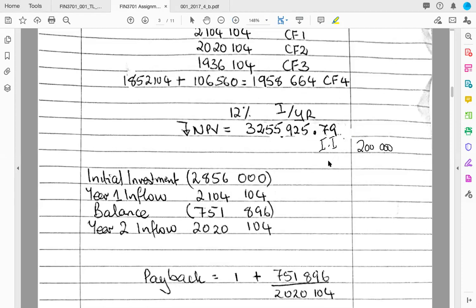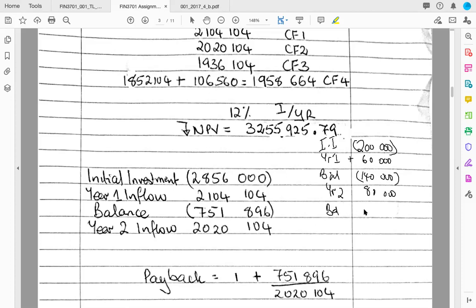And then I had said, imagine that in year 1 we get a cash inflow of 60,000, so the balance would be 140, a negative balance. We say minus 200 plus this. Then I said in year 2, imagine we get a cash inflow of 80, right?